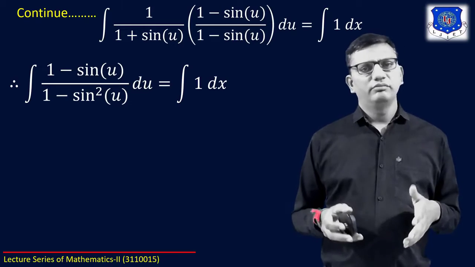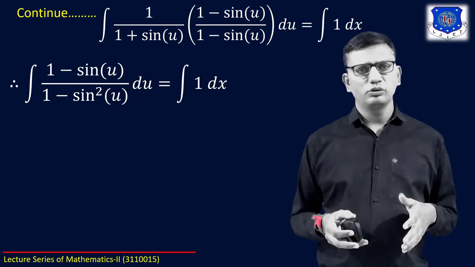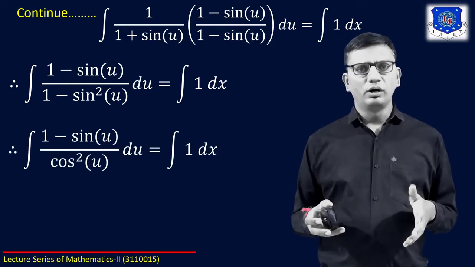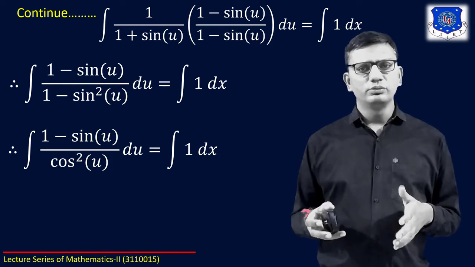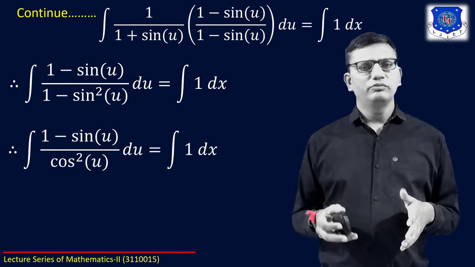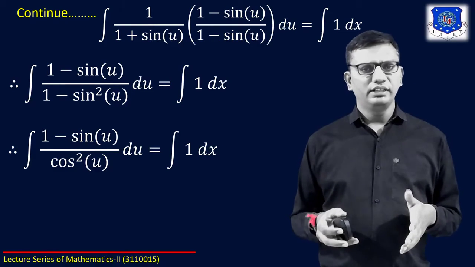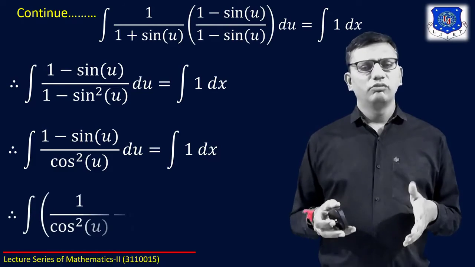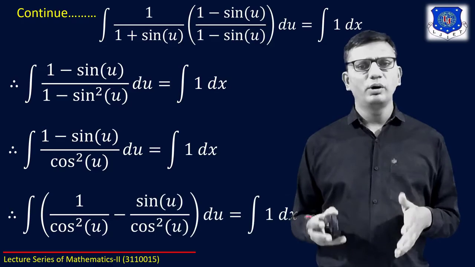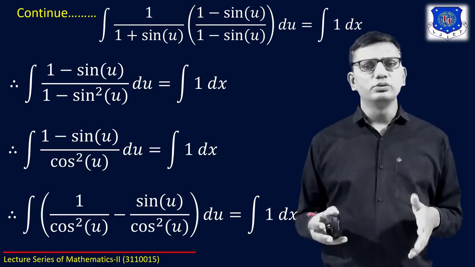Now we know that 1 minus sin square u is cos square u, so we get integration of 1 minus sin u upon cos square u du equal to integration of 1 dx. Now we separate the cos square: integration of 1 upon cos square u minus sin u upon cos square u du.